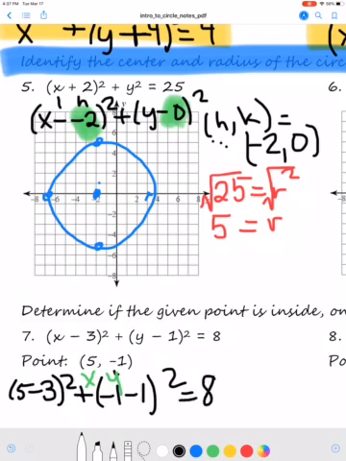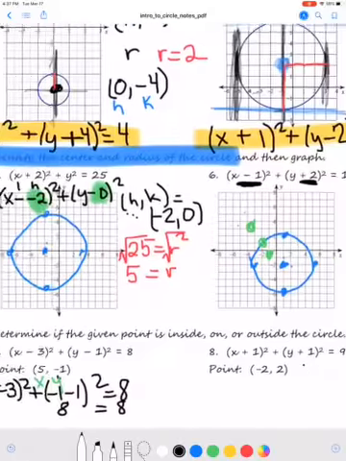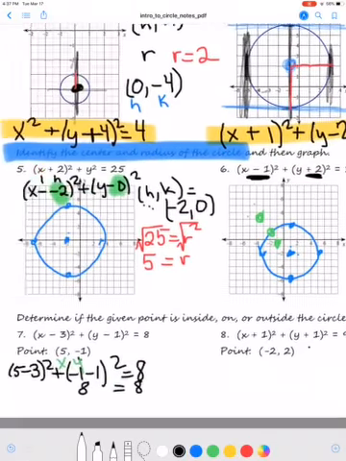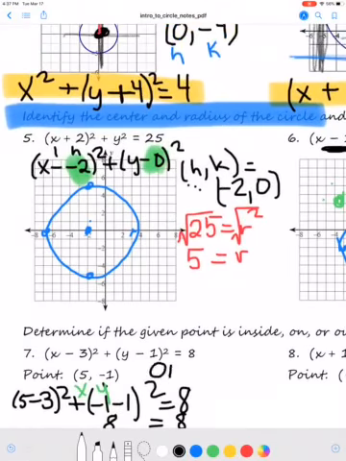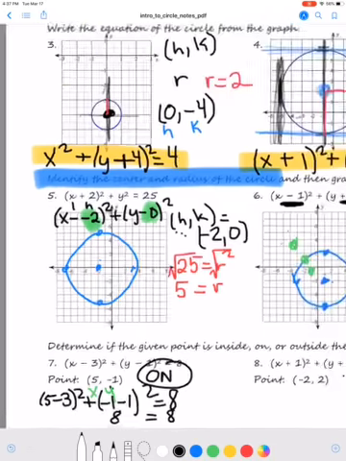Now from here, I would punch it straight into your calculator. 5 minus 3 is 2. 2 squared is 4. Plus negative 1 minus 1 is negative 2. Negative 2 squared is also 4. 4 plus 4 is 8. So we end up getting 8. And that is a true statement, right? 8 equals 8. So if the numbers are equal, we are going to say that that point is on the circle. That is our answer.